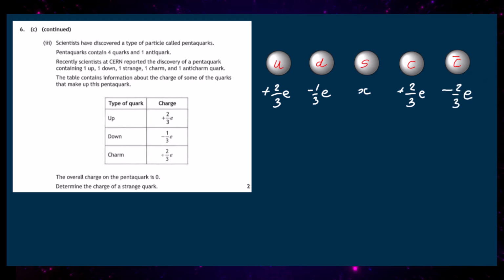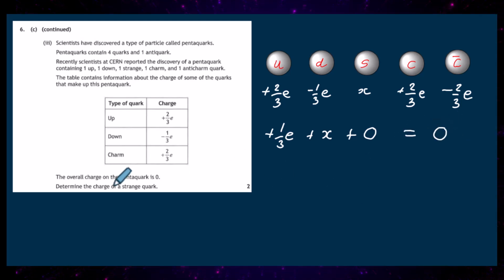So if we add this all up, we have 2/3, take away 1/3, which leaves 1/3. So we have plus 1/3 of an electron here, plus the X, plus 2/3 of an electron, take away 2/3 of an electron, which leaves 0. And that all added up must be equal to 0, because remember the charge on the pentaquark is 0.